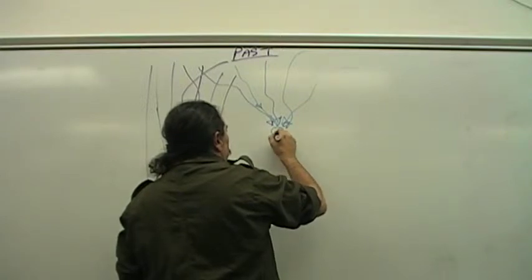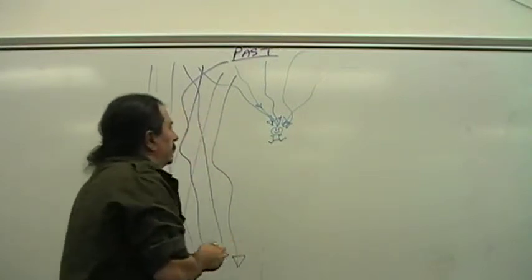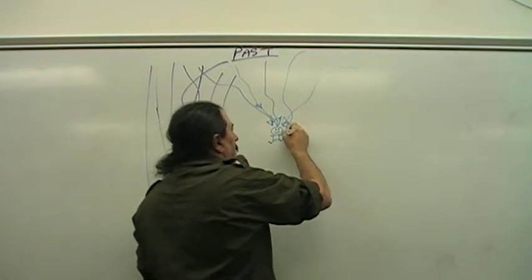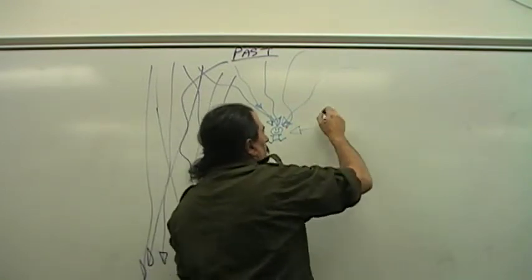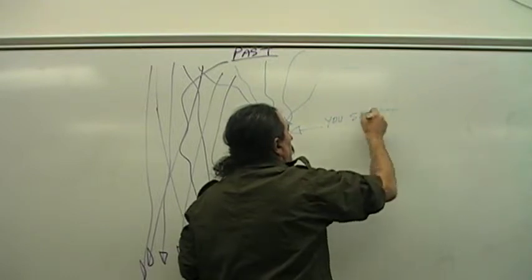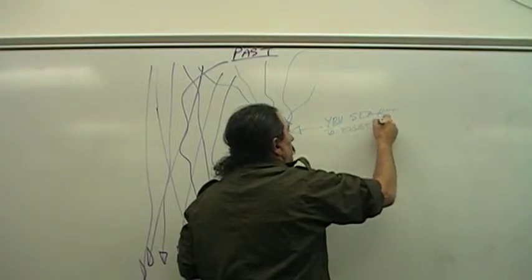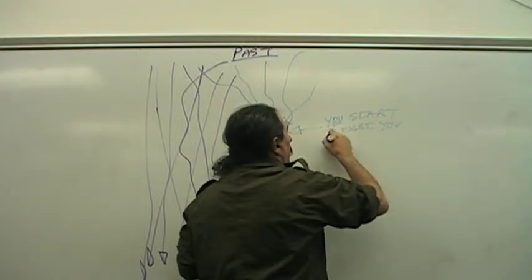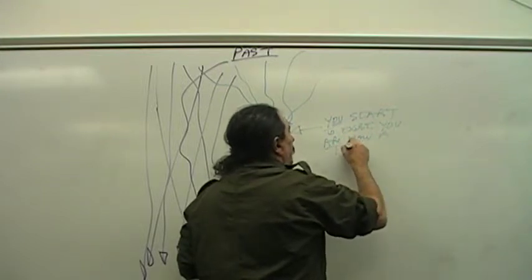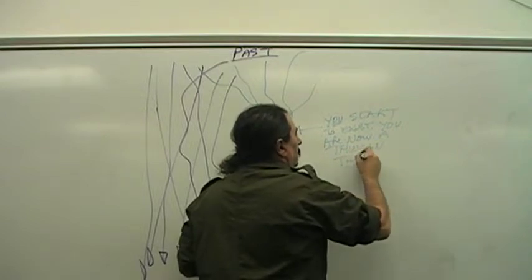Here you are, you're a baby. You're a happy baby. And at this point in time, birth or conception or whatever, you start to exist. You are now a thing in the world.